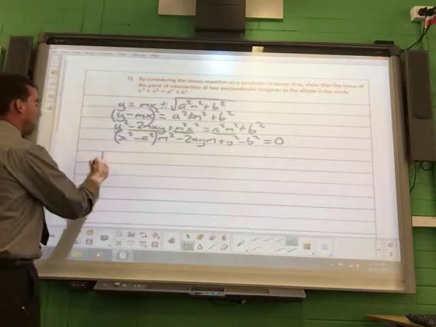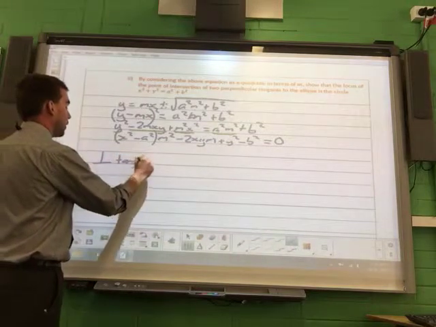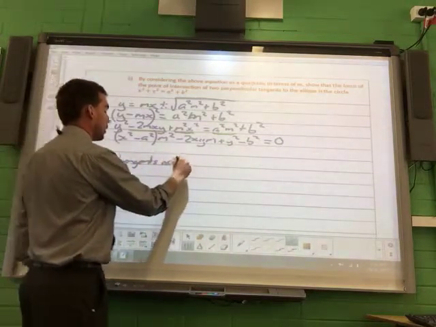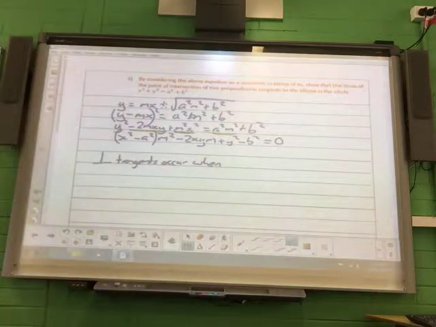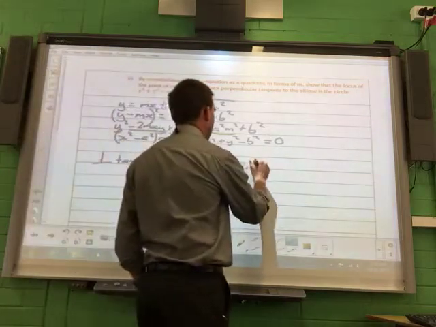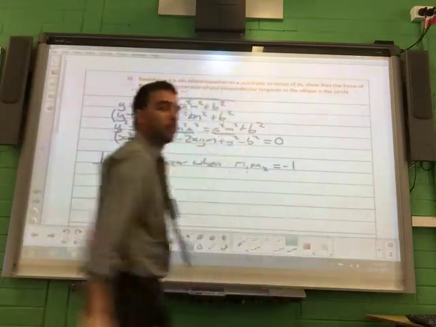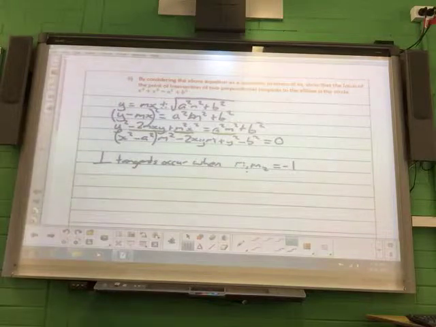Perpendicular tangents occur when what condition must be met? What's the condition for two tangents to be perpendicular? M1 M2 equals -1.